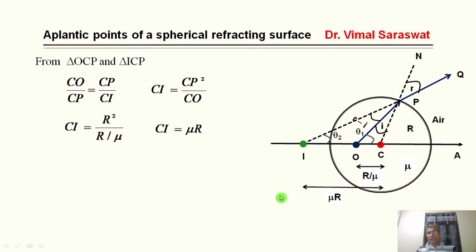It means if object is at a distance R by mu from optical center, then image will be at a distance mu R from optical center, and these two points will be Aplanatic points.